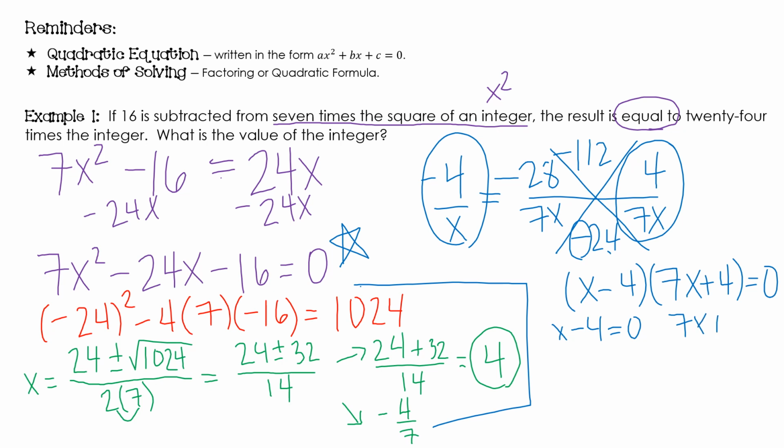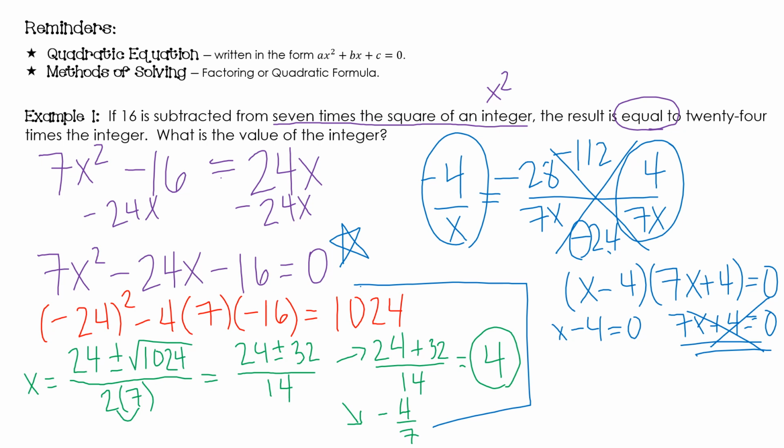Well, knowing what we know about solving and practicing this already, we already did this a couple weeks ago, when you have a coefficient in front of the x, that is going to yield a fraction for my answer. So for this one right here, I'm going to end up getting negative 4 over 7, which is not an integer.